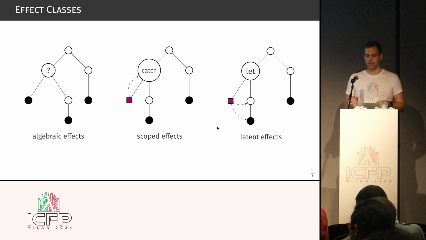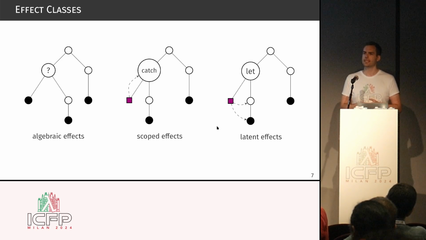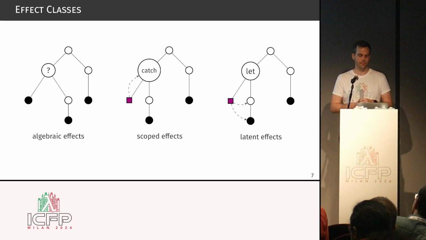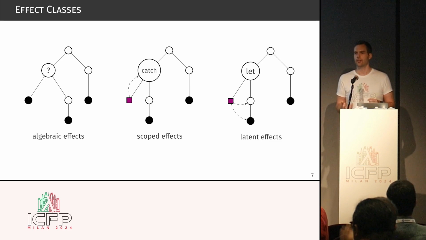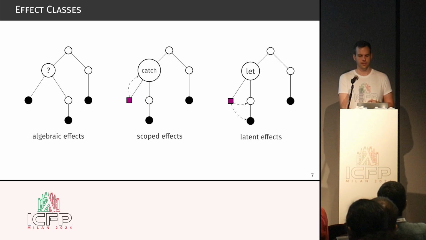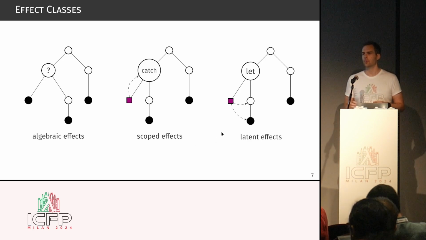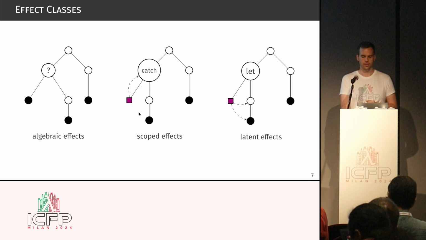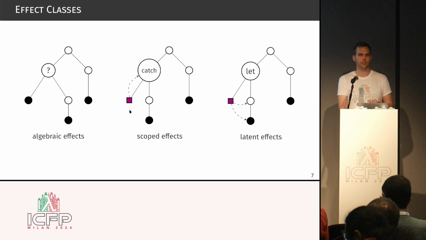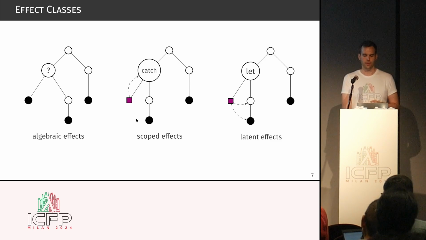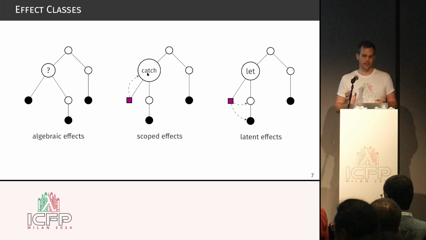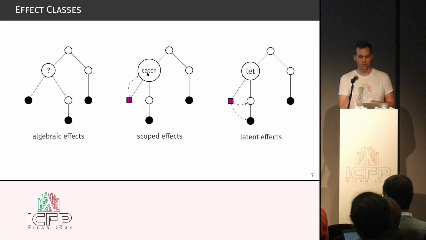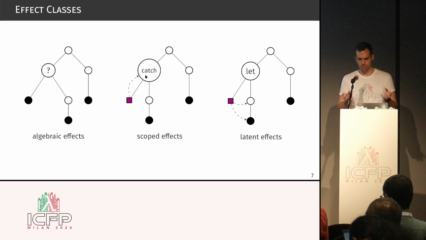And then we have another very recent development, which are latent effects. Latent effects are basically the same thing as scoped effects, but they are a bit more flexible in the way we can use those excluded parts of the tree. Because for scoped effects, we're always going to let this part flow back into the tree at the parent node.